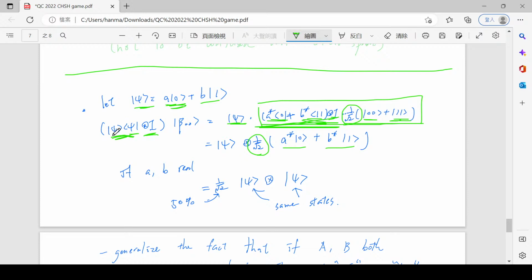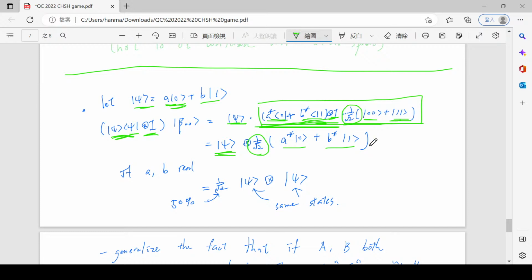If Alice projects her part onto this psi state, so basically she makes a measurement with the projection operator onto psi, then her part will get into psi as expected, and Bob's state is going to be 1 over square root 2 times A star ket 0 plus B star ket 1.